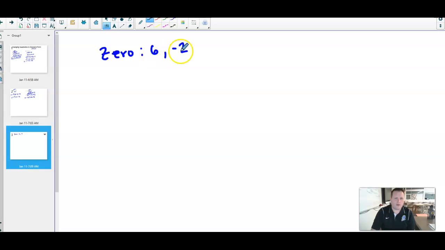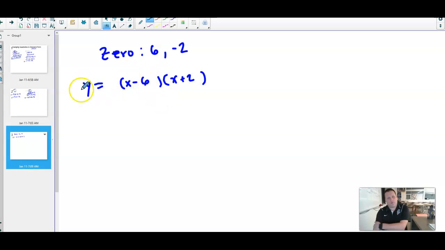Well, guys, remember, these are my solutions or my zeros, so I'm just going to work backwards. I'm going to first put them in my factors, which this would be x minus 6, and this would give me x plus 2. So we'd have y equals that. Again, if you remember, we set y equals 0, and then we solve. So to go backwards, I'm just going to put those in my factors. If I'm given the zeros first, I can go backwards from that.